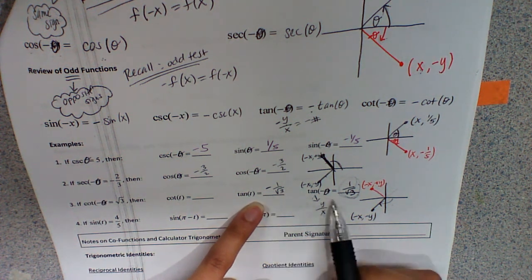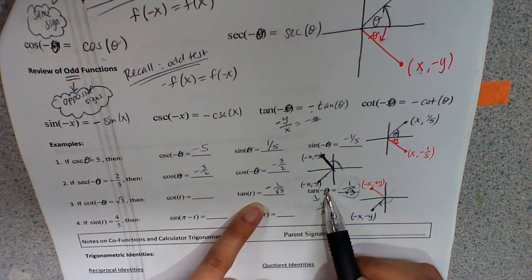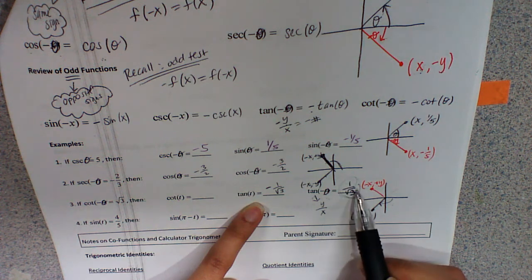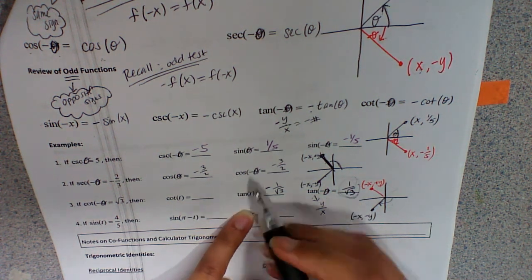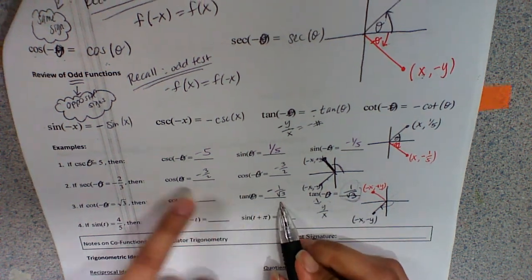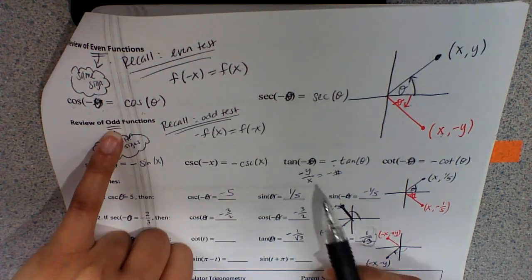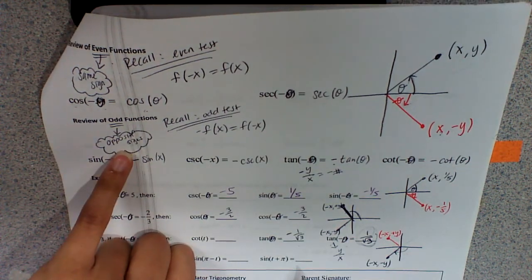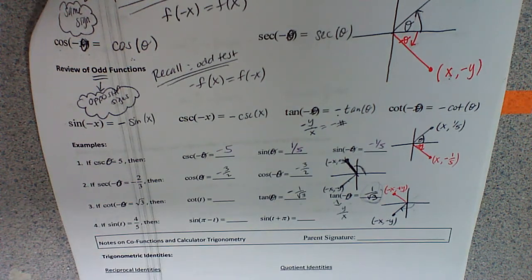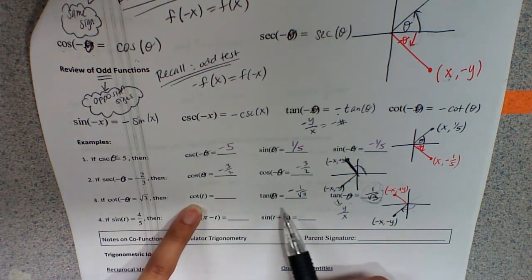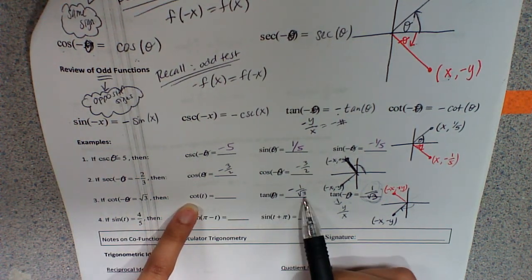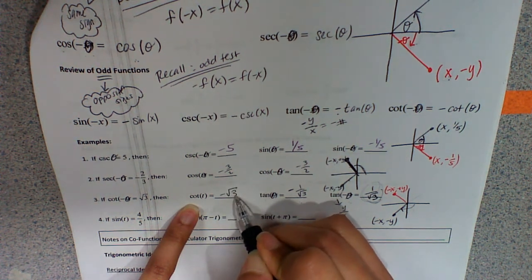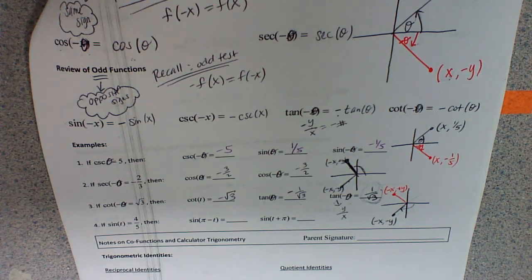Notice that tan of negative theta was a positive number, and tan of positive theta is a negative number. That goes back to the fact that tangent is an odd function, and odd functions have opposite signs. And lastly, because I know tangent and cotangent are reciprocals, I can take the reciprocal of that, which is negative root 3.